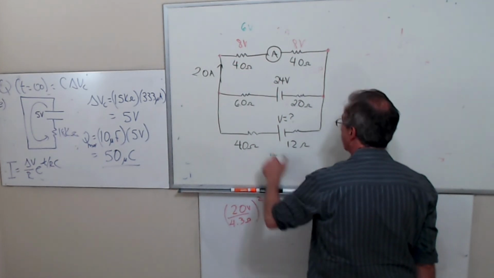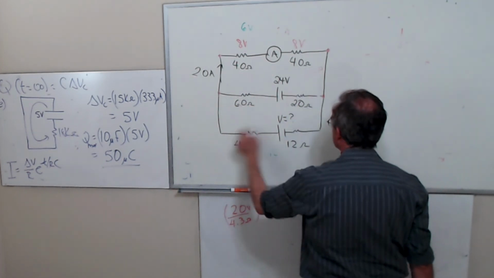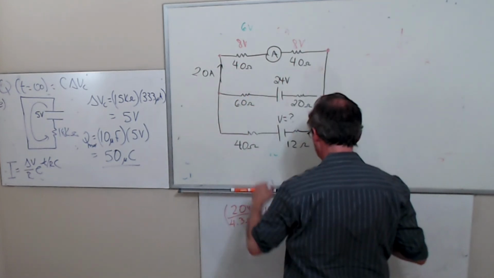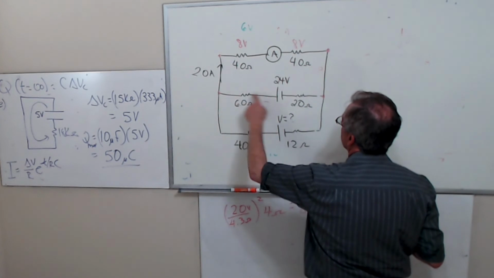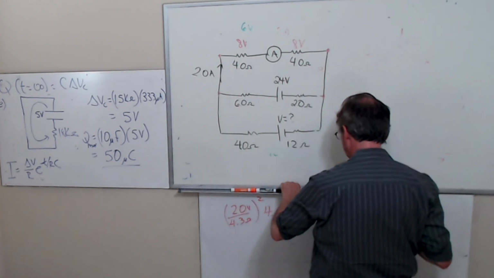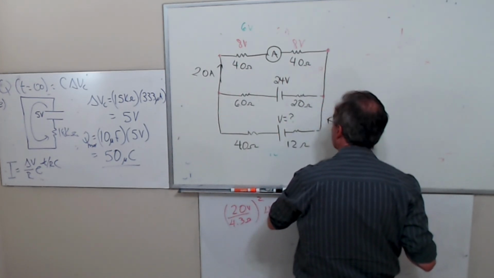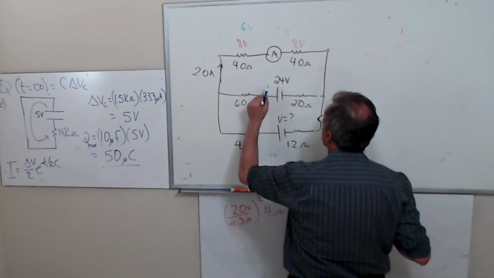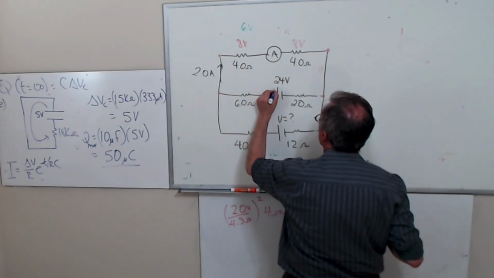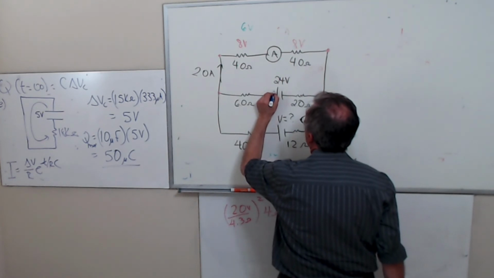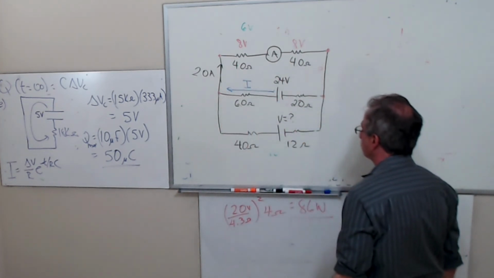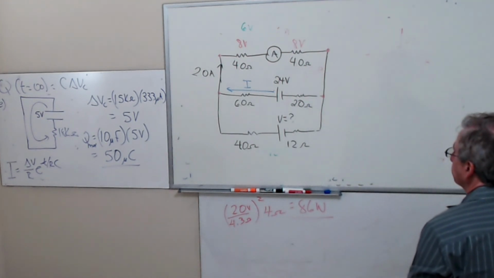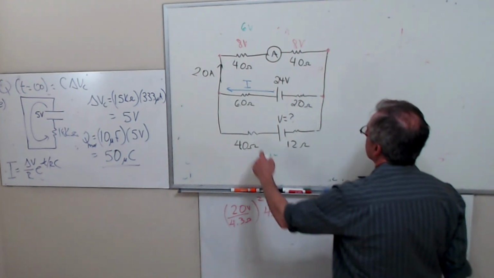Okay. So that means from here to here, this drop and this drop are all the same because there's nothing here, right? Okay. And then there's the same current going through here. So let's say there's some current going this way. And I know this current.